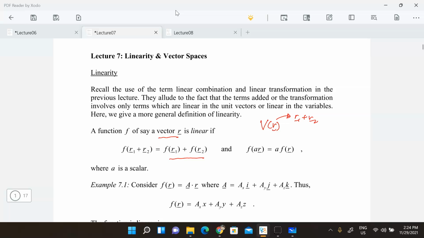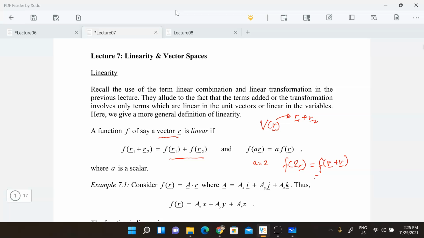Similarly, one could have another operation. This is addition of vectors. You probably also know there's scalar multiplication with respect to vectors. Over here you can say, let's suppose I have a equals 2 for demonstration. So a is a scalar here, so I have f(2r), which I can think of as f(r plus r).